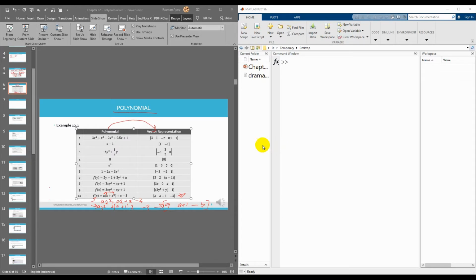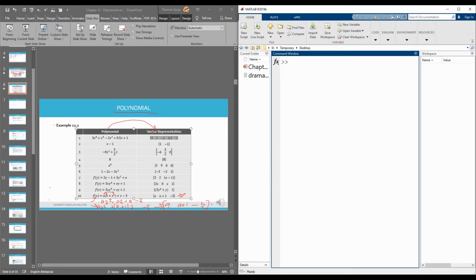So now, after you already change it to vector representation, you copy this. For example, you already convert this, then you can insert this into MATLAB. So for example 1, I call it A, equals to this one.